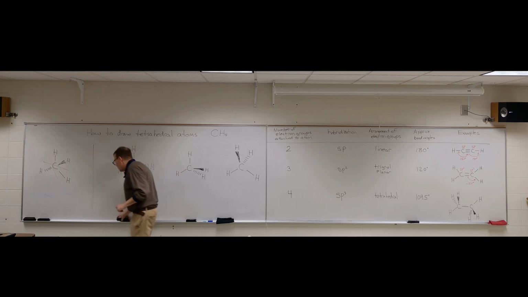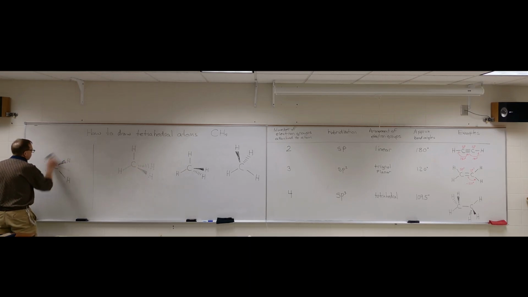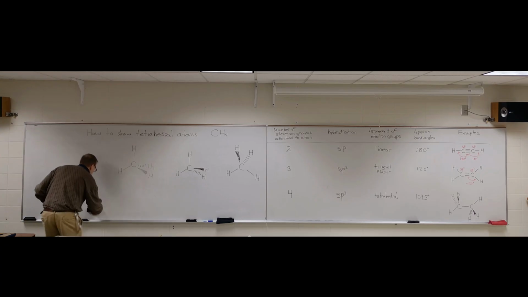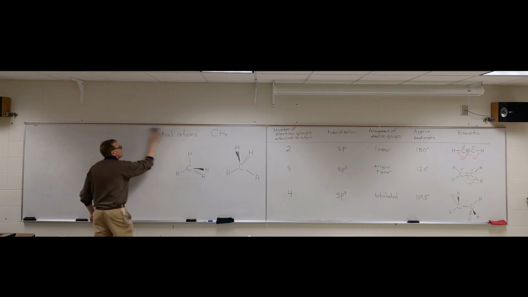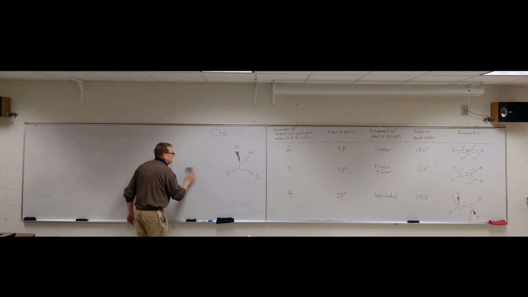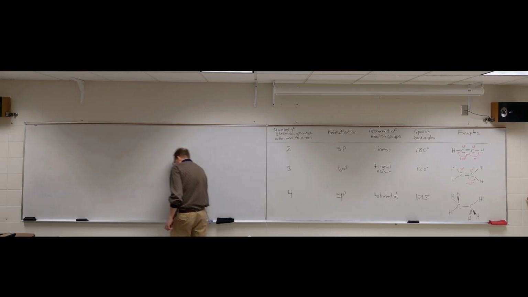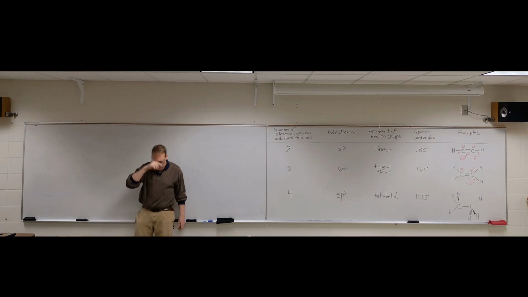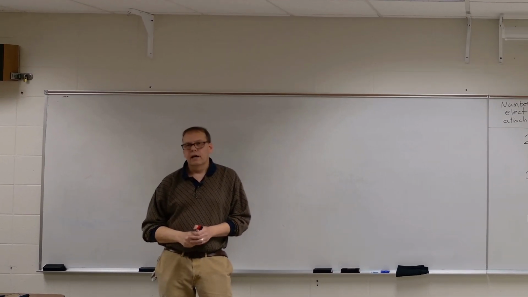So hybridization. I'll give you a non-chemistry example to get you started with the concept. Lots of things can hybridize. If you take two objects and mix them together, you can get something that looks a little bit like each one of the originals. Trying to think of an animal example of this.